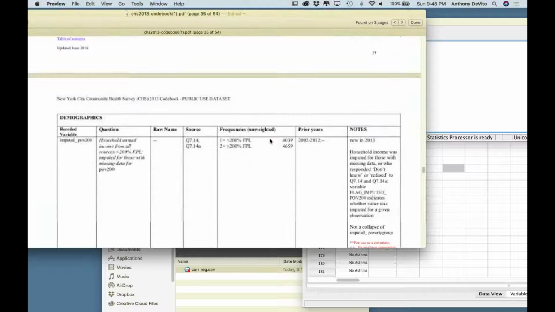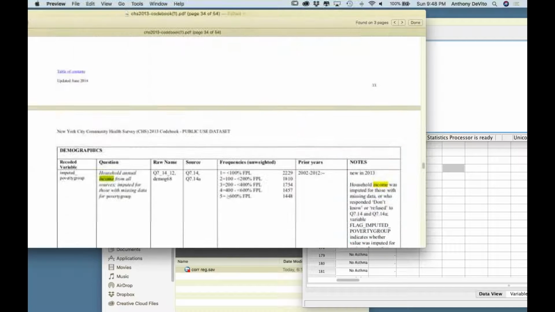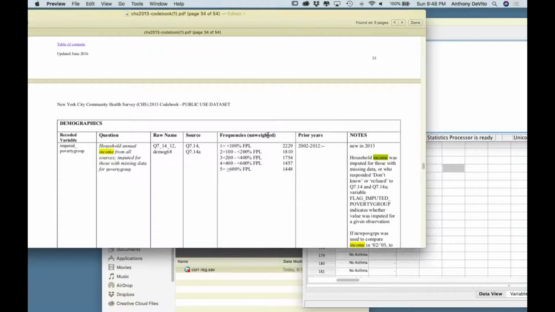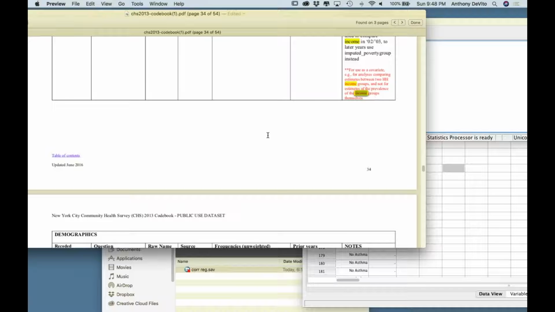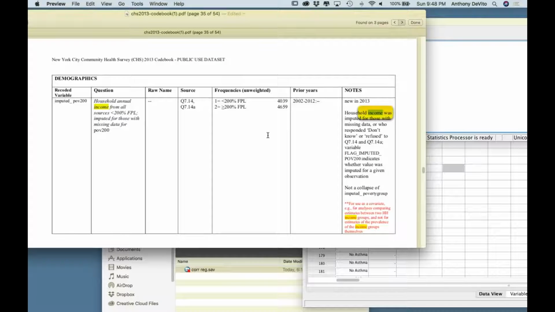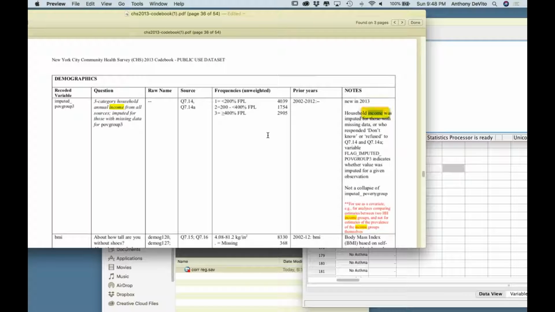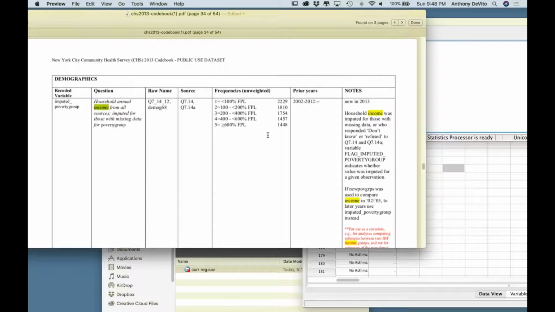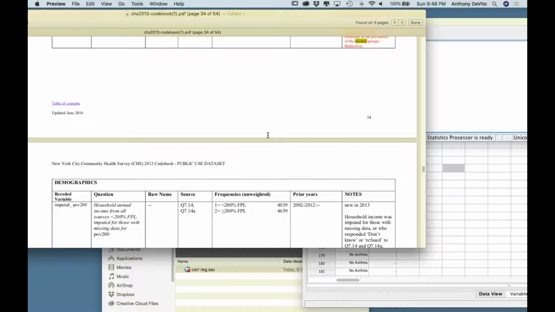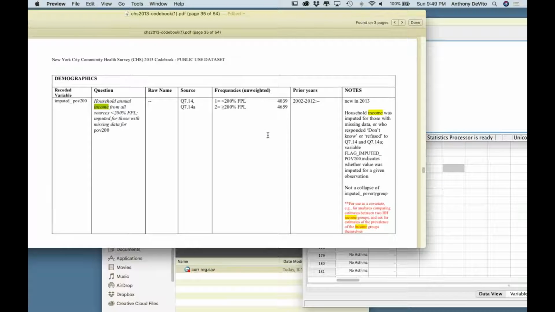Any others here? No, not going to be able to have an age.